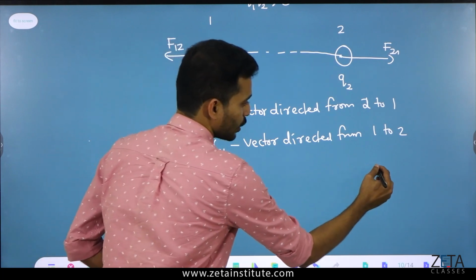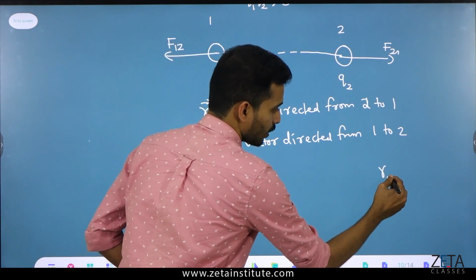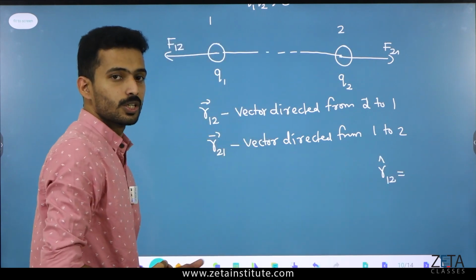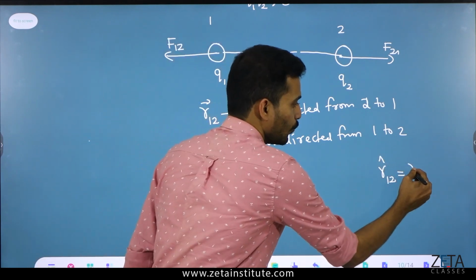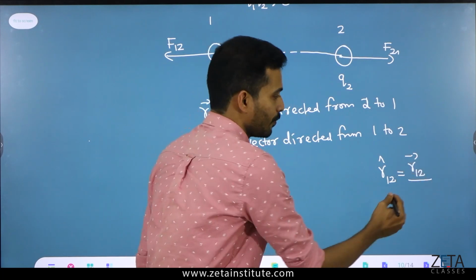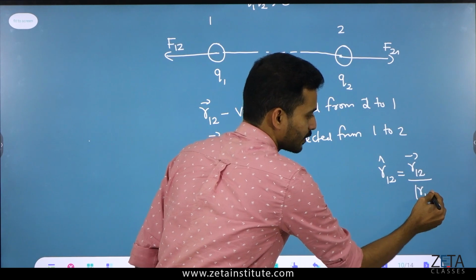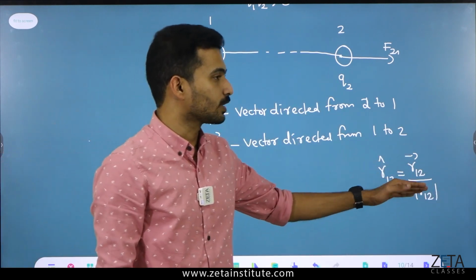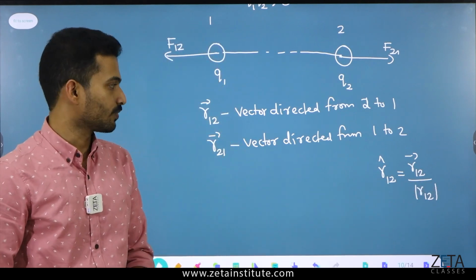So we are writing the unit vector. The unit vector is equal to the vector divided by the magnitude of this vector. What is that? R12 cap is equal to the vector R12 divided by the magnitude of the vector.